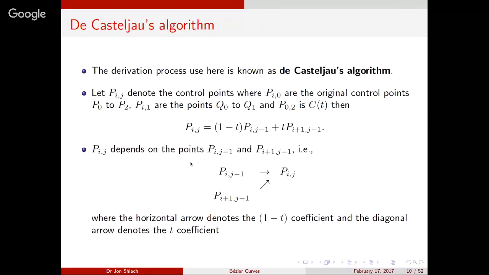Now, this derivation process is known as de Casteljau's algorithm, after Paul de Casteljau. He sort of formalized it. So let's say we wanted higher order Bezier curves. So we're going to introduce a slight change in notation here. We're going to say that P_ij are control points. When j is 0, we have our original control points.